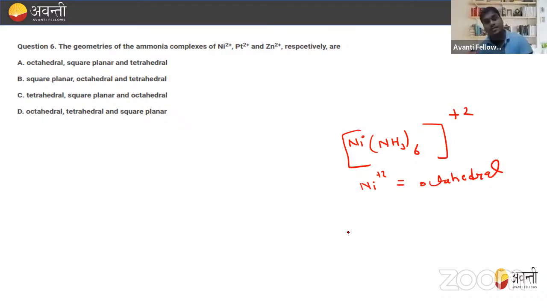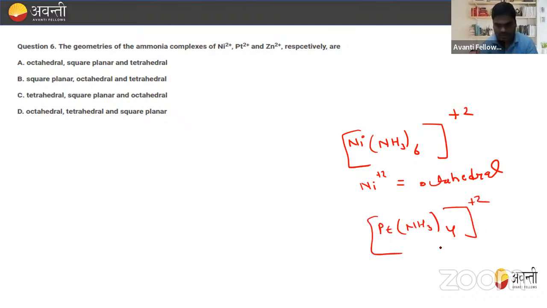Now similarly with platinum +2, this will form with only a coordination number of 4, in the +2 form. This is known as square planar.